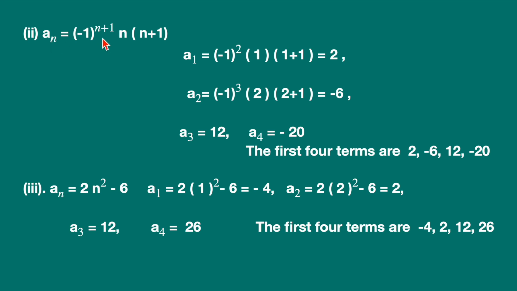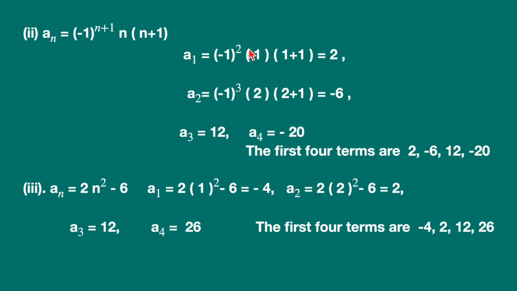So here is the general formula. Minus 1 raised to n plus 1 into n plus 1. Very simple. Don't worry even if it looks very big. Simply we have to substitute n is equal to 1, 2, 3 like that. So let's take n is equal to 1. So this will be 1 plus 1, 2.